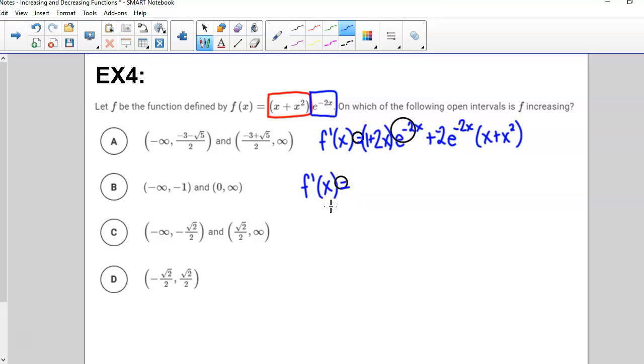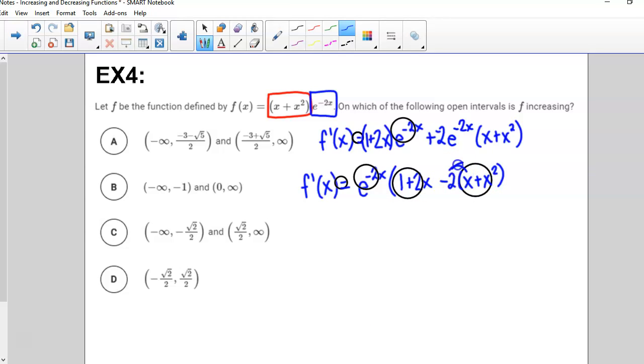Okay. So notice both of these have that e to the negative 2x. So I'm going to pull that e to the negative 2x out front. And then I would be left with 1 plus 2x. And then I've got that negative 2, and then this x plus x squared. So I'm going to just put negative 2 times x plus x squared.